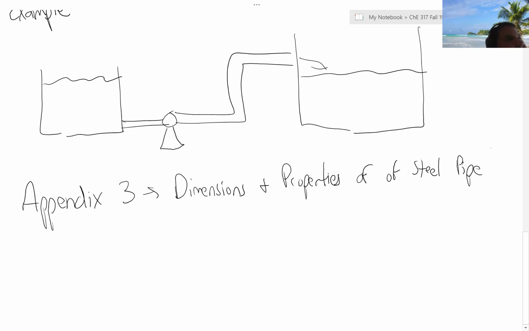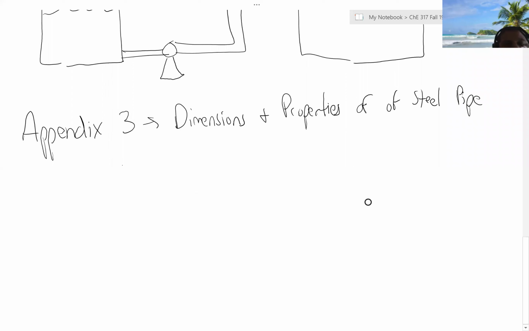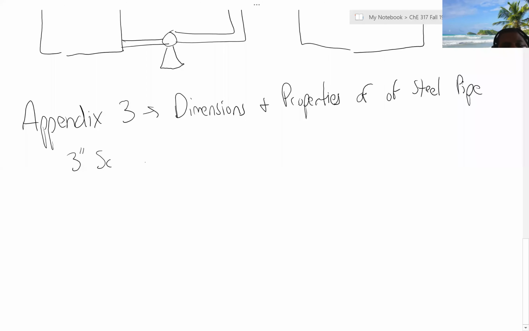So for example, in the back, if I jump over to that Appendix 3, a 3-inch Schedule 40 pipe is going to have an actual inner diameter of 3.068 inches, and the cross-sectional area, fortunately, is provided as 0.0513 feet squared.